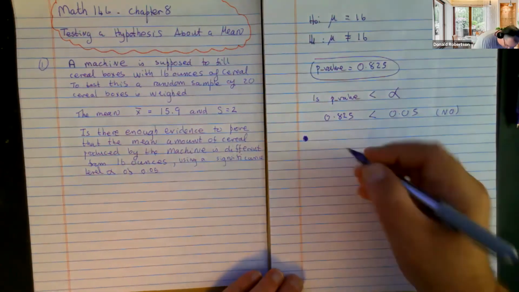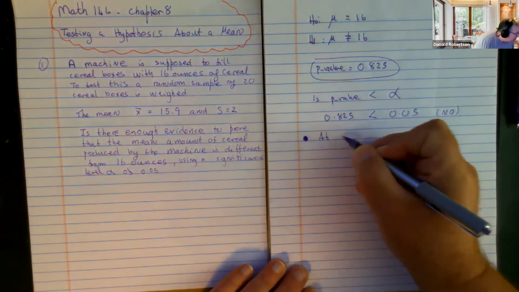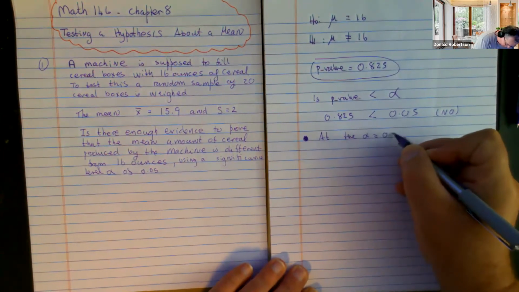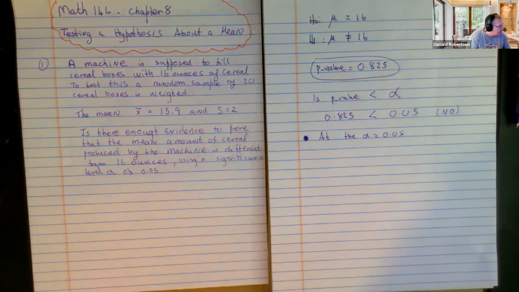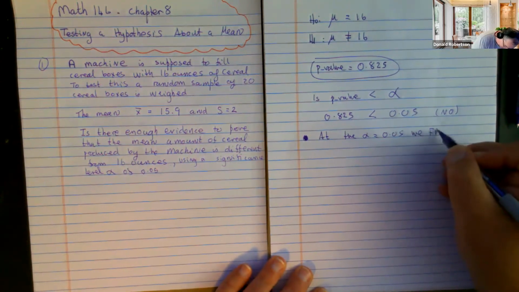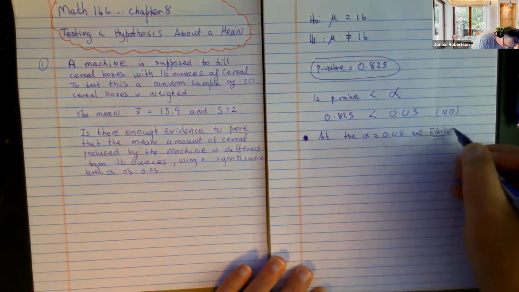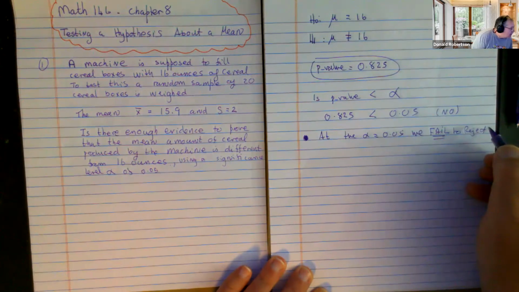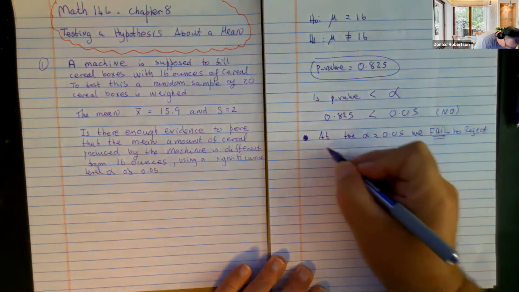Right, so the phrase looks something like this. At the alpha equals 0.05, we fail to reject the null hypothesis.